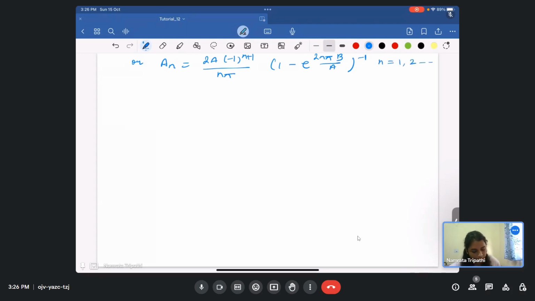So what will be the value of v(x,y) after putting the value of an?